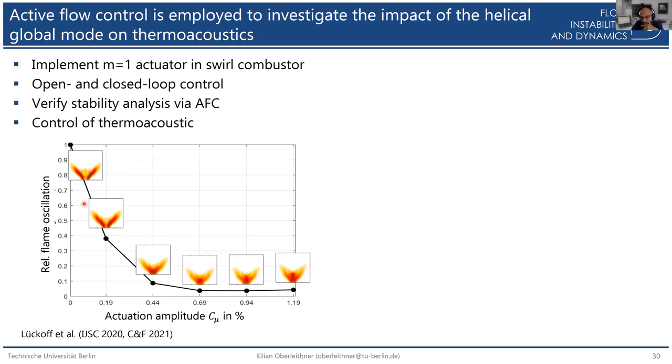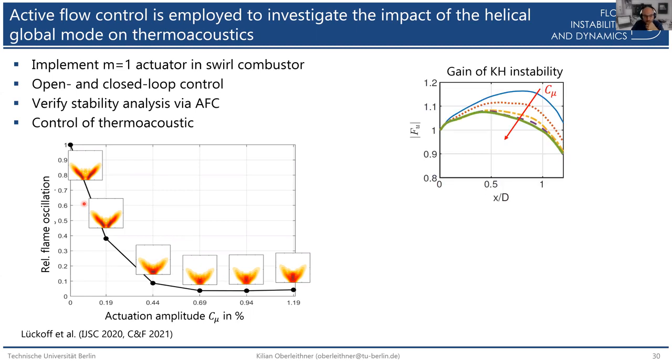And the explanation for the mechanism that is responsible is quite involved, but I will try to make it really short. Basically what happens is, as you actuate your global mode, you start thickening your shear layer and you reduce the gain of your Kelvin-Helmholtz type instability, which is shown here. This result is from a local stability analysis based on the controlled flow states.